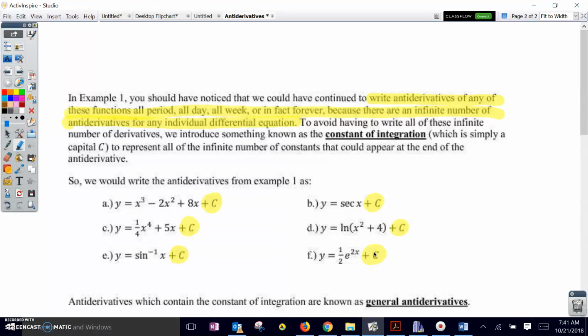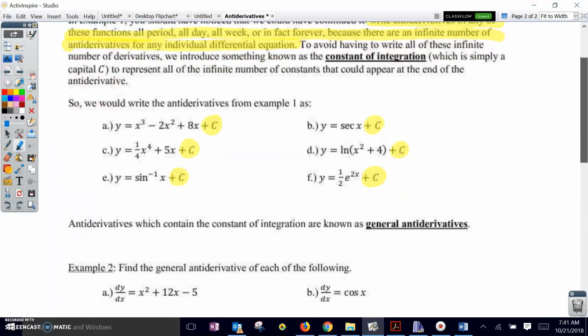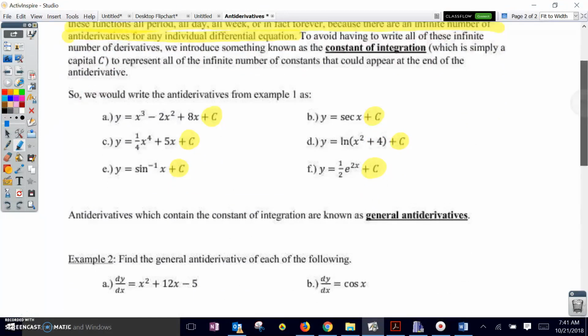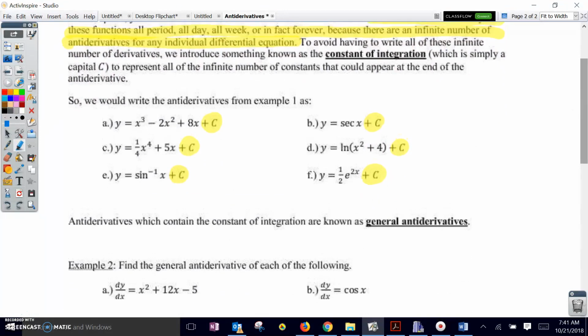That's what's known as our constant of integration. Anytime you take a general antiderivative, you must have a constant of integration there, and that'll play very big later on in some of the concepts that we're going to deal with. So it's important that I stress it now, that anytime we take this general antiderivative, we must have our constant of integration to represent all of the infinite number of constants that are possible.